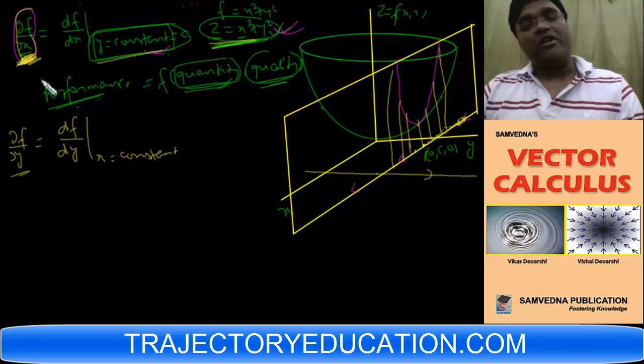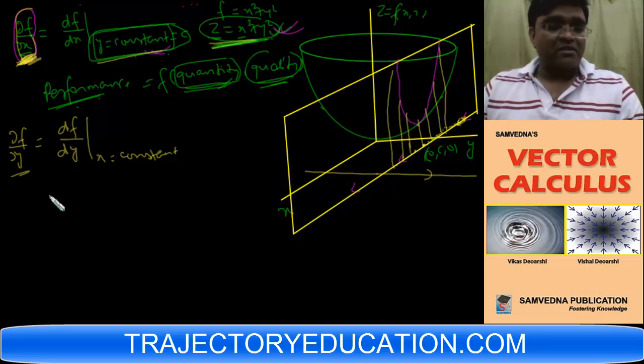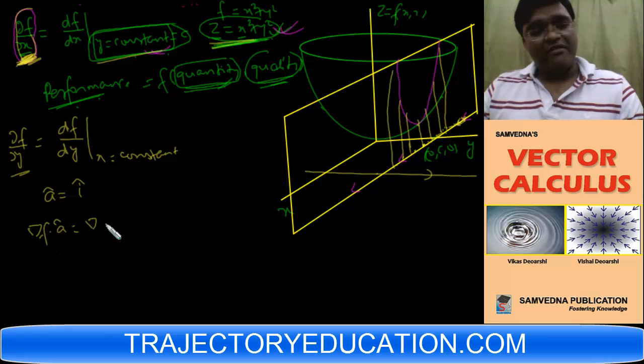What is this directional derivative? This is the directional derivative when you are moving parallel to the x-axis. This is the directional derivative when you are moving parallel to the y-axis. When you are moving parallel to the x-axis, the unit vector parallel to the x-axis is i, and the directional derivative will be nothing but del f dot a, that is del f dot i, which is nothing but this.